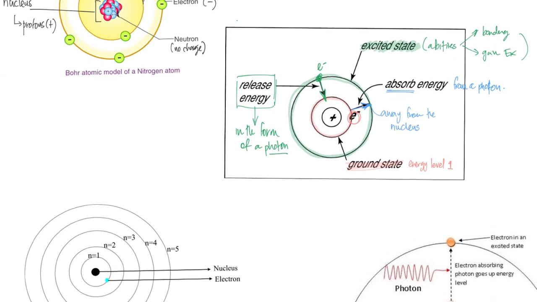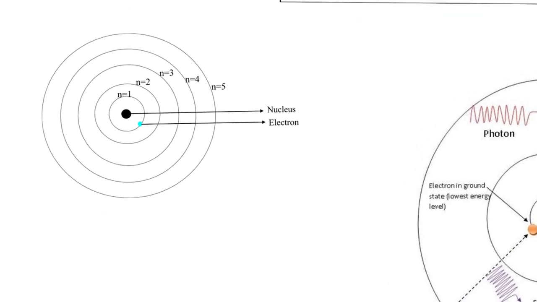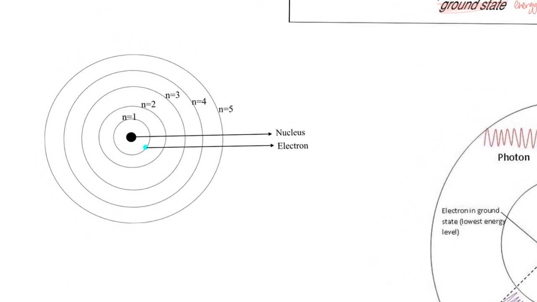If I had to look at what we mean by energy levels, how we're going to refer to the energy levels in this section is n is equal to 1, n is equal to 2, n is equal to 3, 4, and 5, where n is equal to 1 is going to be our ground state, which is energy level 1.